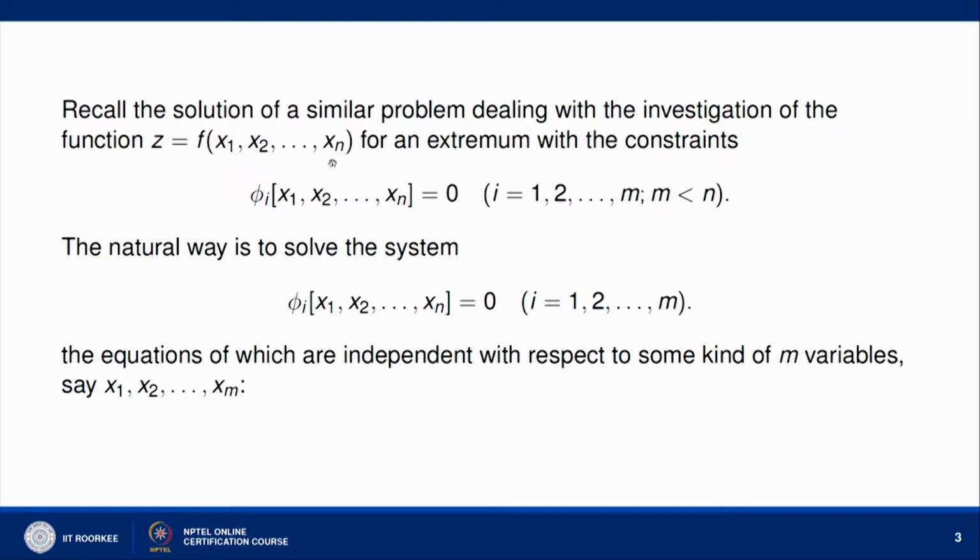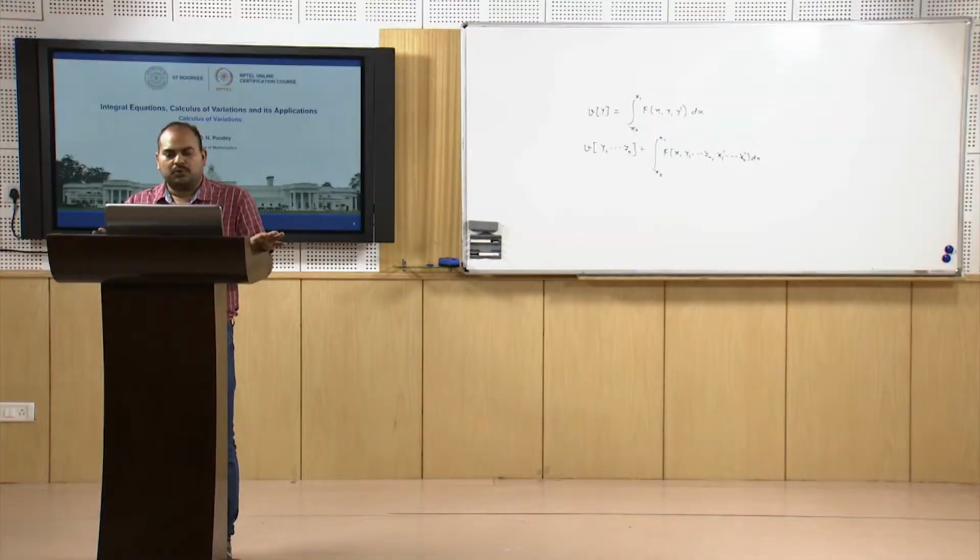By doing this, your function z is reduced to a new function having independent variables xm plus 1 to xn, and we can simply solve the condition of extremum with no constraint. So how can we do this?